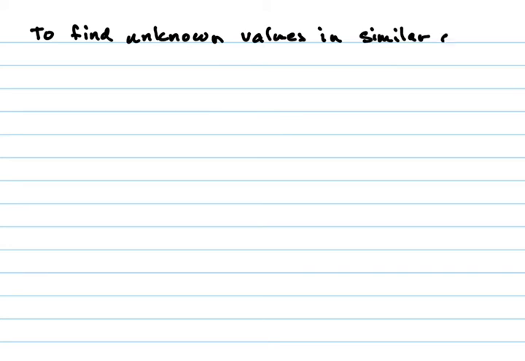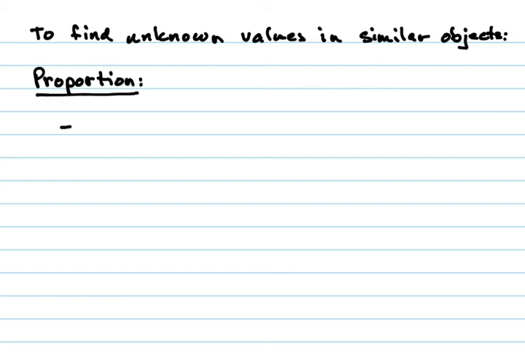So, to find unknown values in similar objects, and these are going to be polygons, so squares, rectangles, triangles, that kind of thing. Because we've been working with polygons, that's what you're going to be working with here. To find the unknown values in similar objects, we're going to use something called a proportion.